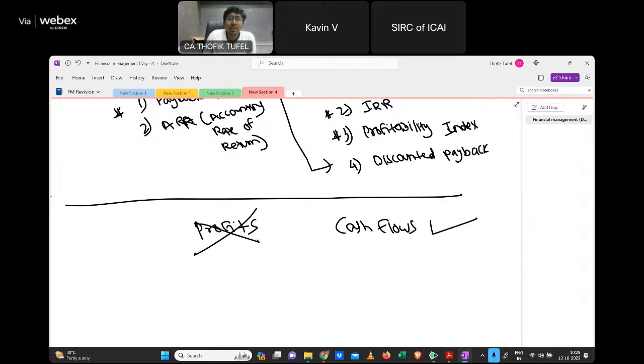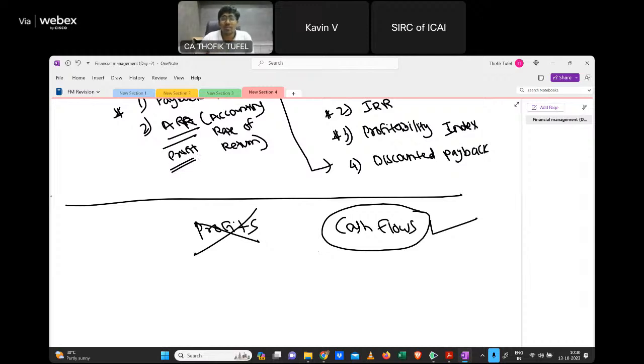So whenever you're doing any capital budgeting problem, the first thing is you have to estimate the cash flows. Once all the cash flows are there, from these cash flows you can use those methods. Profit is used only in one place, ARR. Actually, ARR is not even a financial management topic.